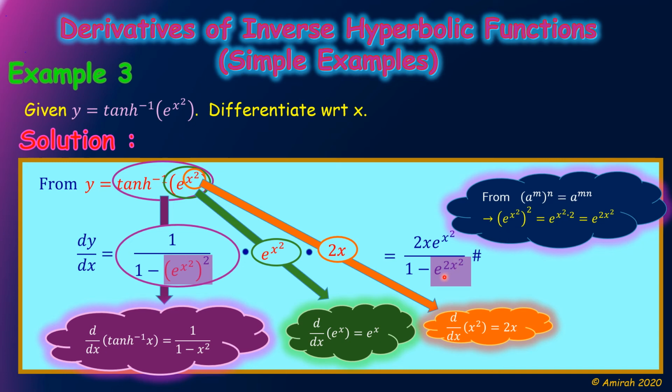So if we have e to the power of x squared and then squared, we need to multiply x squared and 2. When we multiply x squared and 2, we have 2x squared. So when we simplify e to the power of x squared in brackets, squared, the answer is e to the power of 2x squared here. Okay, got it?